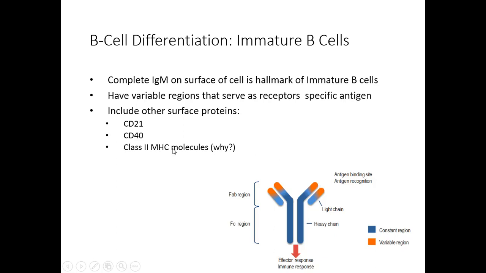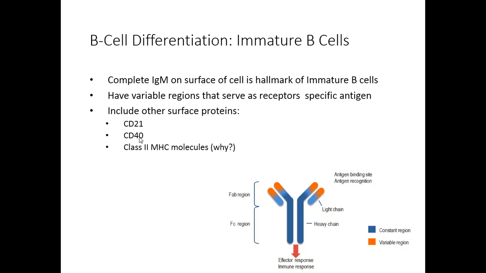We talked in the past, though, that just because we've got some really important protein on the surface, like IgM, it doesn't mean that's the only thing on the surface, right? We talked about these CD markers, these protein markers, that can have a number of functions. Sometimes they identify cells, like CD4 and CD8.